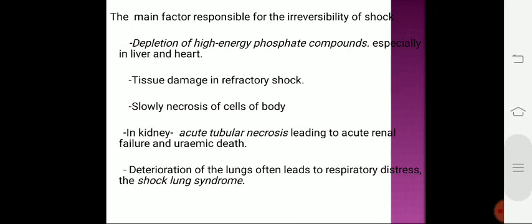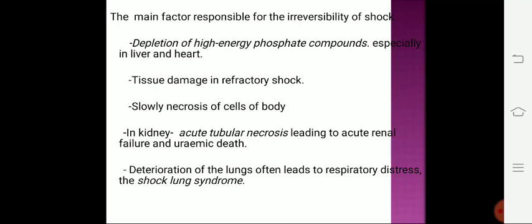Tissue damage in the refractory shock. Slowly, necrosis of some cells of the body sets in, especially the cells adjacent to the venous end of capillaries, which receive less nutrition than the cells near the arterial end of the same capillaries.